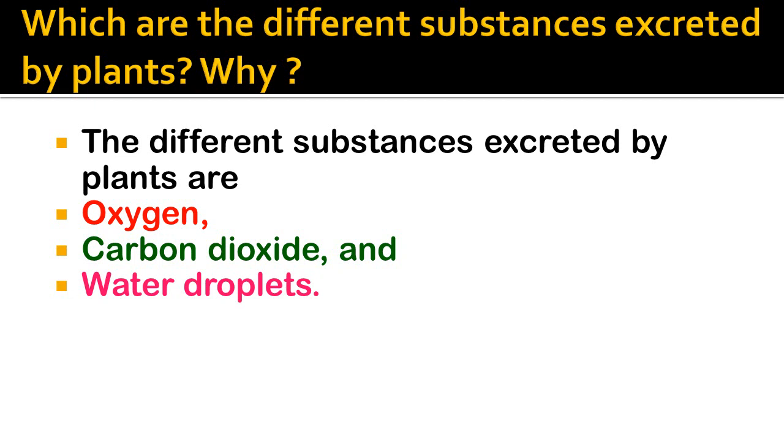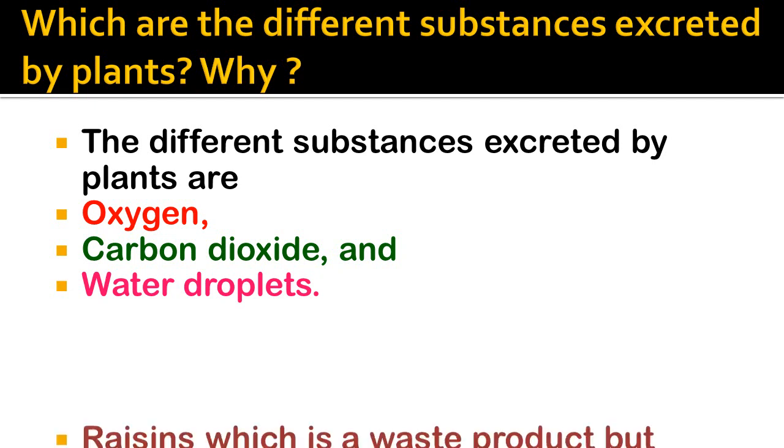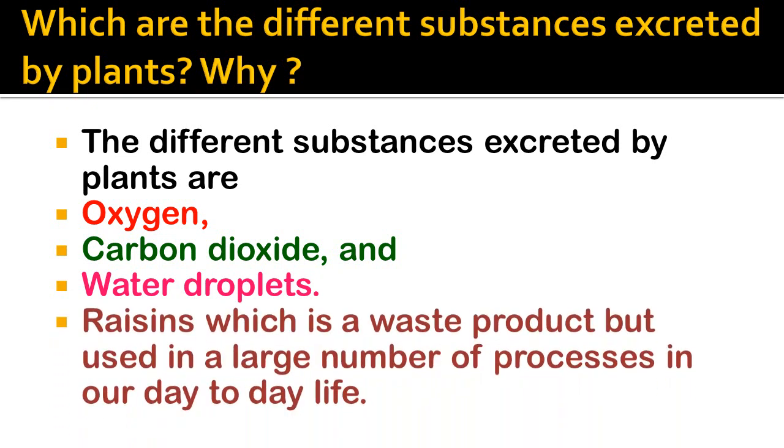Now stomata we have already discussed in our first or second video, so you can refer to those. These water droplets are released from the stomata in the leaves, and the process of releasing water droplets by the stomata is called transpiration. The fourth substance released by plants is resins.